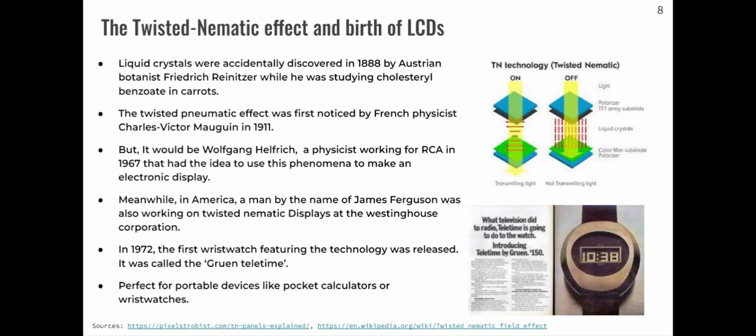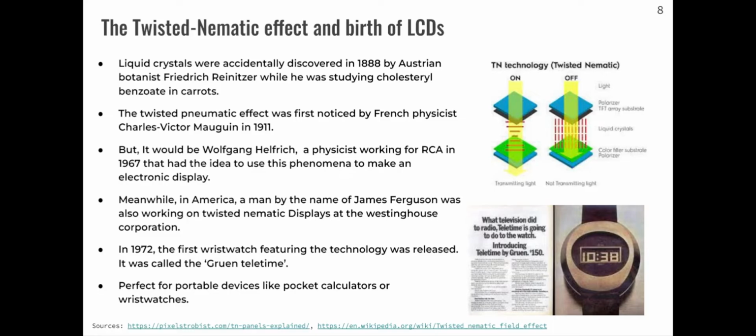The next major discovery which led to the modern displays is the twisted nematic effect, which caused the birth of LCDs. Liquid crystals were accidentally discovered in 1888 by Austrian botanist Friedrich Reinitzer while he was studying cholesterol benzoate in carrots.